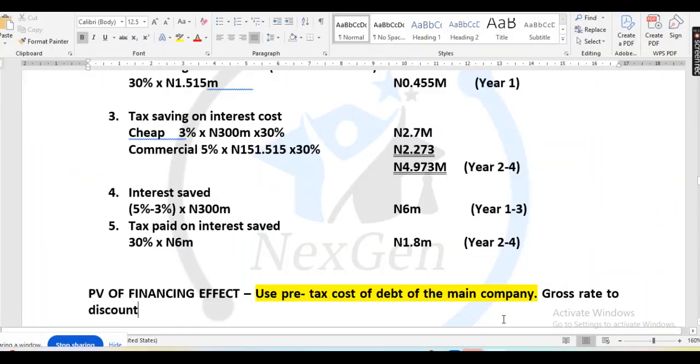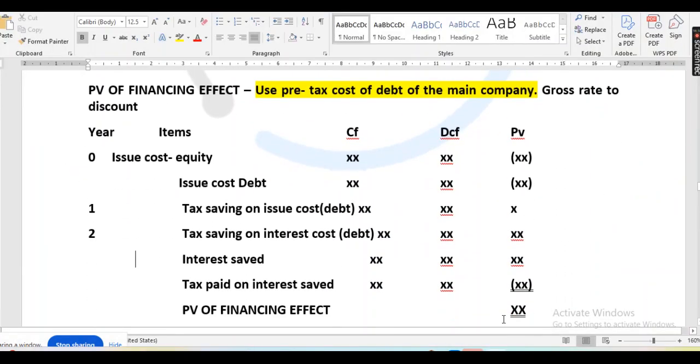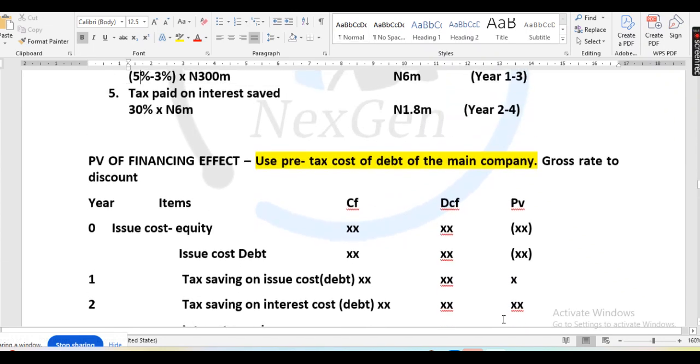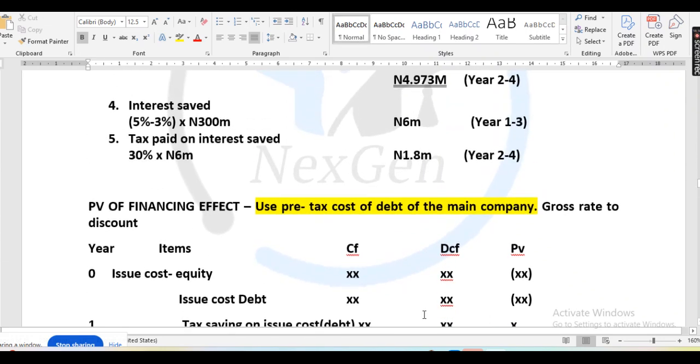Now, let me quickly say this again. PV of financing effect. Use the pre-tax cost of debt of the main company to discount. That is what you will use. You cannot use the commercial debt.